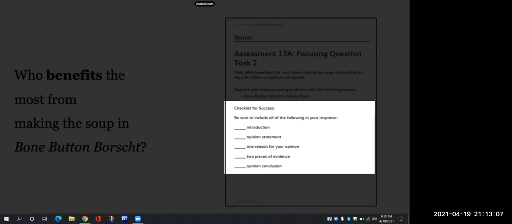Now let's take a look at the checklist for success. Be sure to include all of the following in your response: introduction, opinion statement, 1 reason for your opinion, 2 pieces of evidence, opinion conclusion.